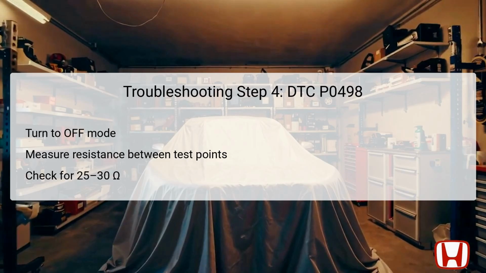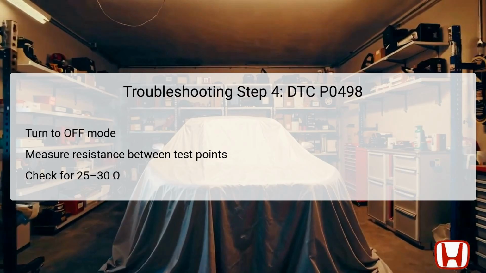With the valve still disconnected from the circuit, measure the resistance across the terminals of the EVAP canister vent shut valve 2P connector. It is critical to ensure the vehicle remains off during this measurement to avoid erroneous readings. The resistance should ideally fall within a range of 25 to 30 ohms when checked at room temperature.